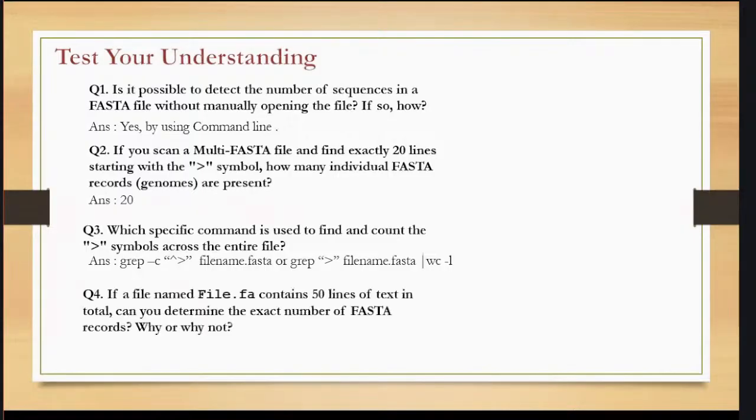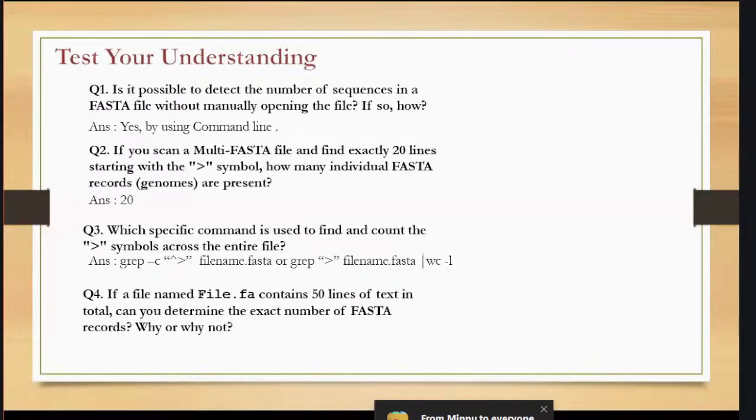Now the fourth question: if a file named file.fa contains 50 lines of text in total, can you determine the exact number of FASTA records? Why or why not? Anumita is correct, around the patterns. So for the fourth question, can you answer me?